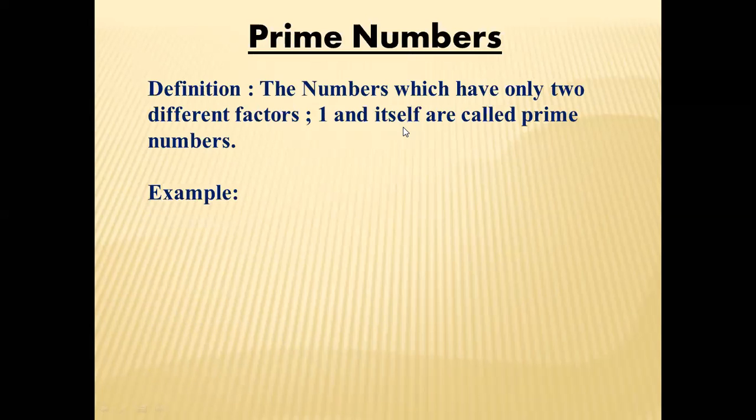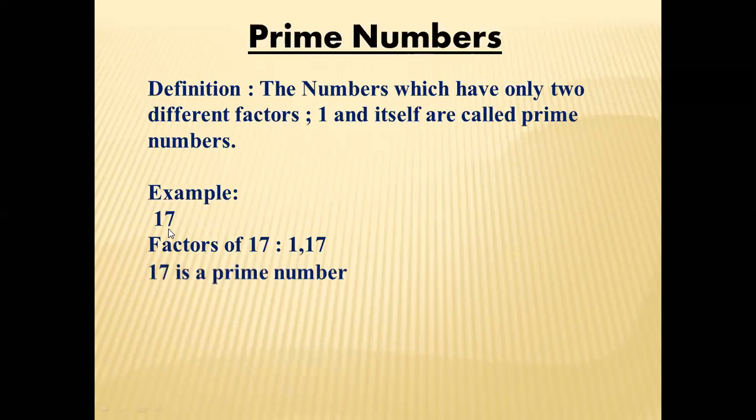Let me give you an example. There is a number 17. When we find the factors of 17, they are 1 and 17. How many factors here? Two different factors. So 17 is a prime number.